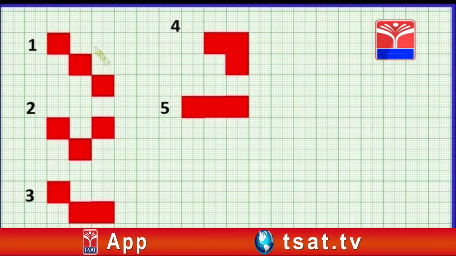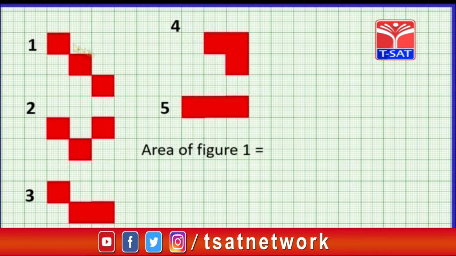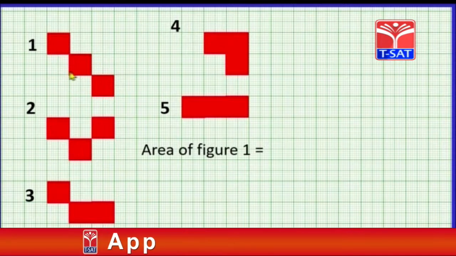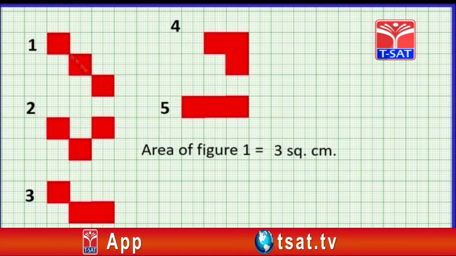Here first figure you observe here. Every box or square is 1 square centimeter. Now area of first figure, this one. How many squares are here? 1, 2, 3. So the area is equal to 3 square centimeters.